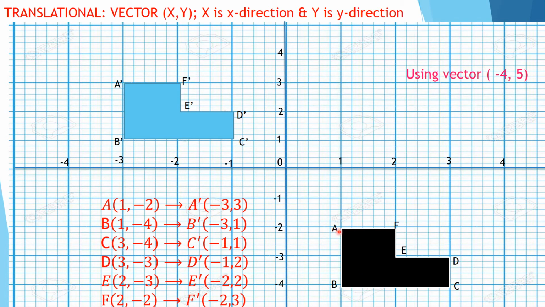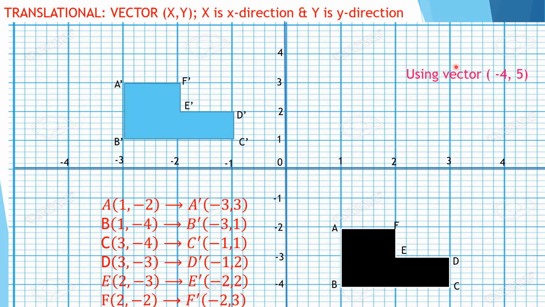For A, I have 1, minus 2. For B, I have 1, minus 4. For C, I have 3, minus 4. For D, I have 3, minus 3. And for E, I have 2, minus 3. And for F, I have 2, minus 2.